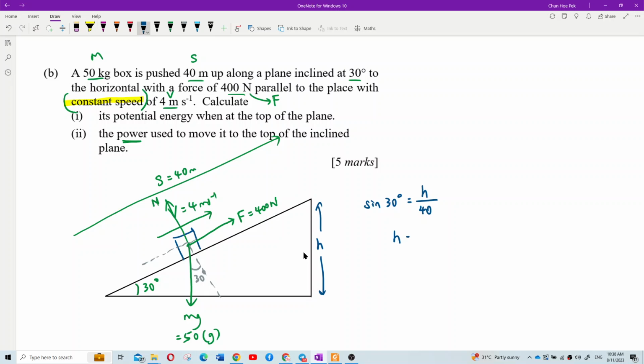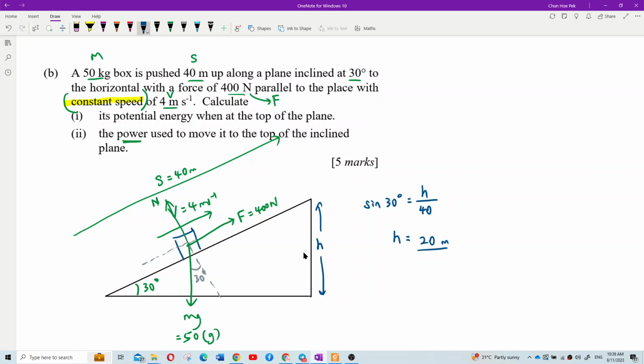So h equals 40 times sine 30. Actually it's 20, because sine 30 is half.